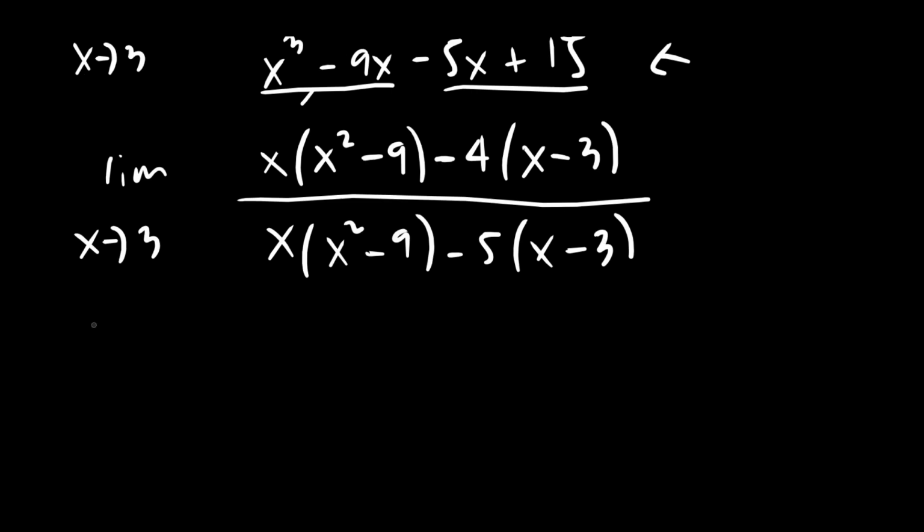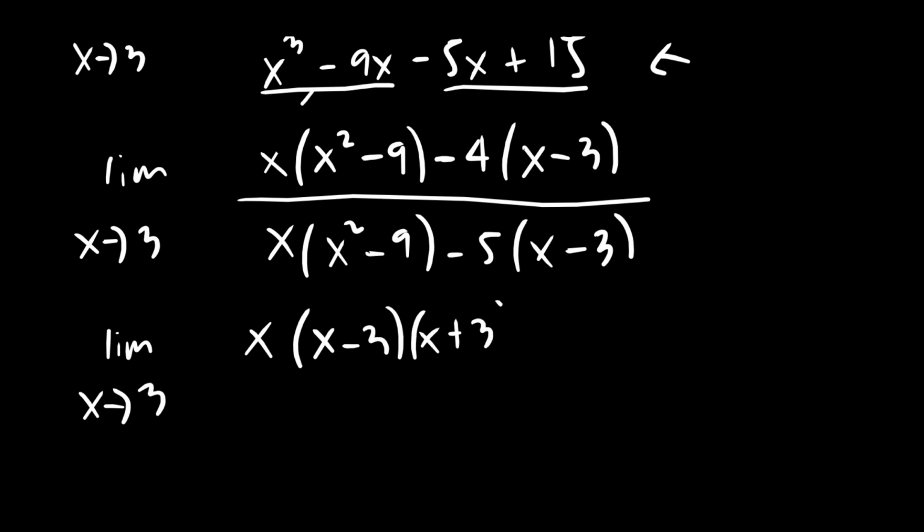After this, we will simplify further. Using the difference of two squares, x squared minus 9 is x minus 3 multiplied by x plus 3.